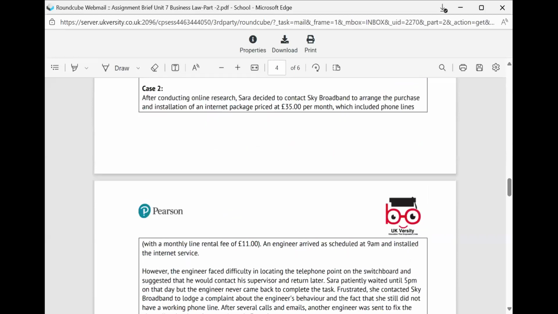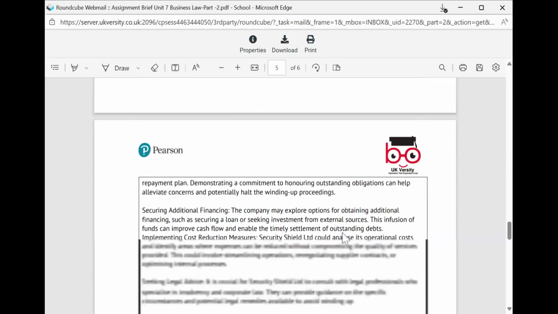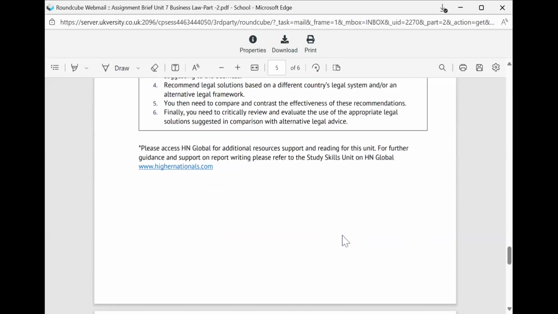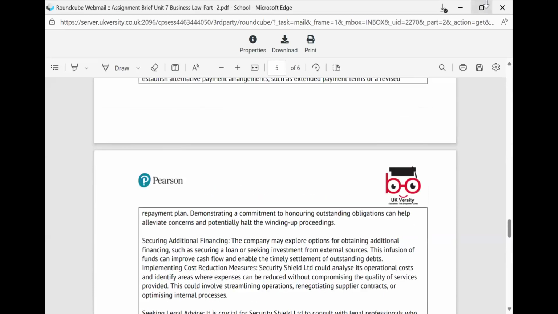I've just copied everything off here. You can use this or you can use my slides. It gives you more clarity in that one because it gives you more information. So maybe refer to the assignment brief that's available on Moodle for you as well. That would help you and support you.